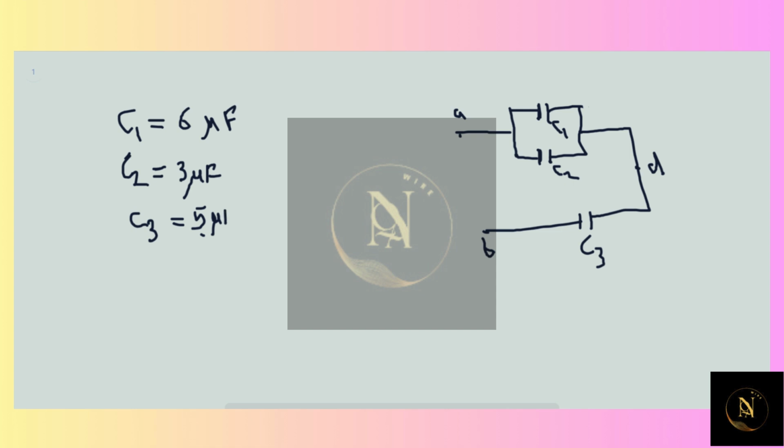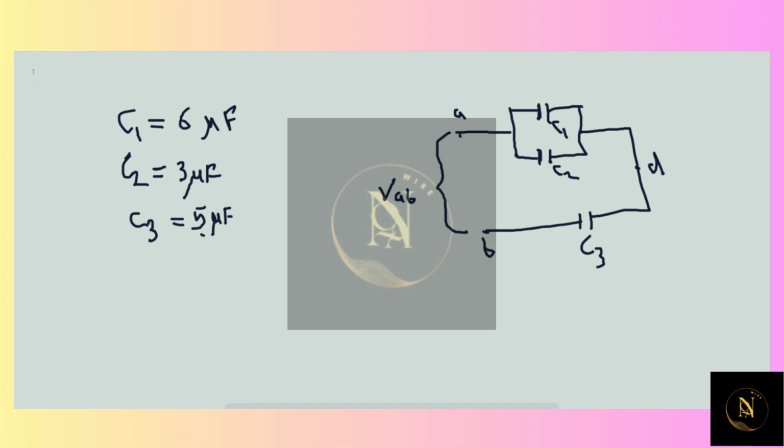Now in the problem, it's given that some potential difference VAB is being applied between the points A and B, which is not given to us. The value of the potential difference is not given to us, and we are required to find that.